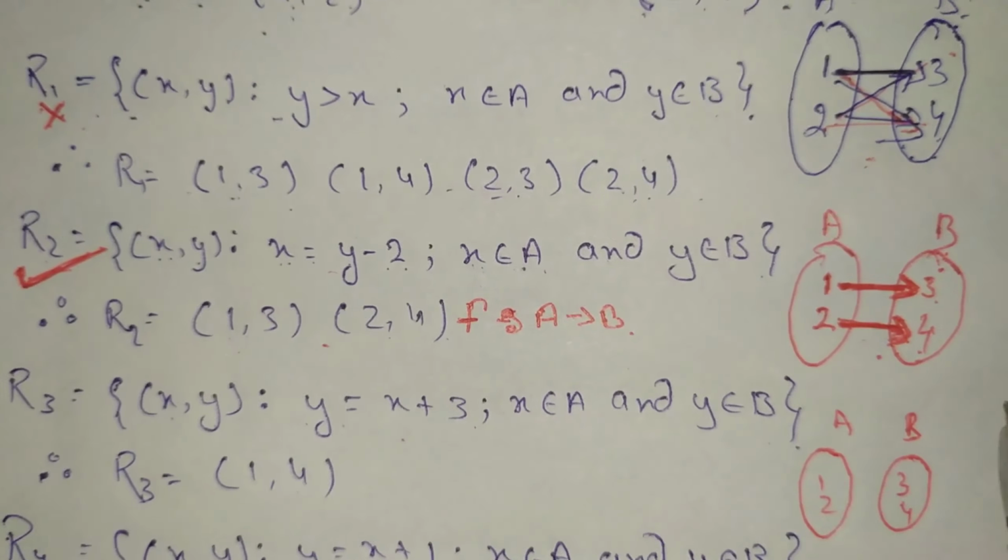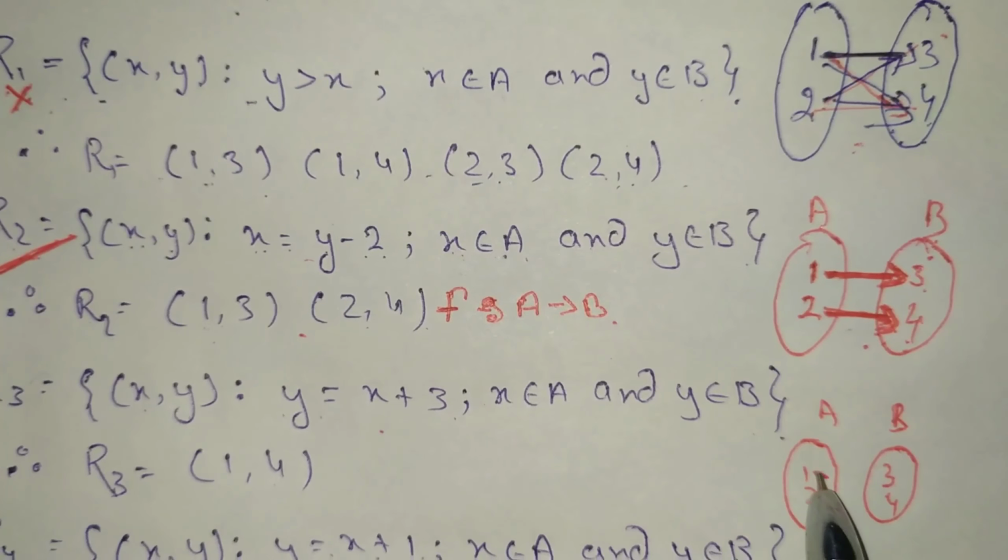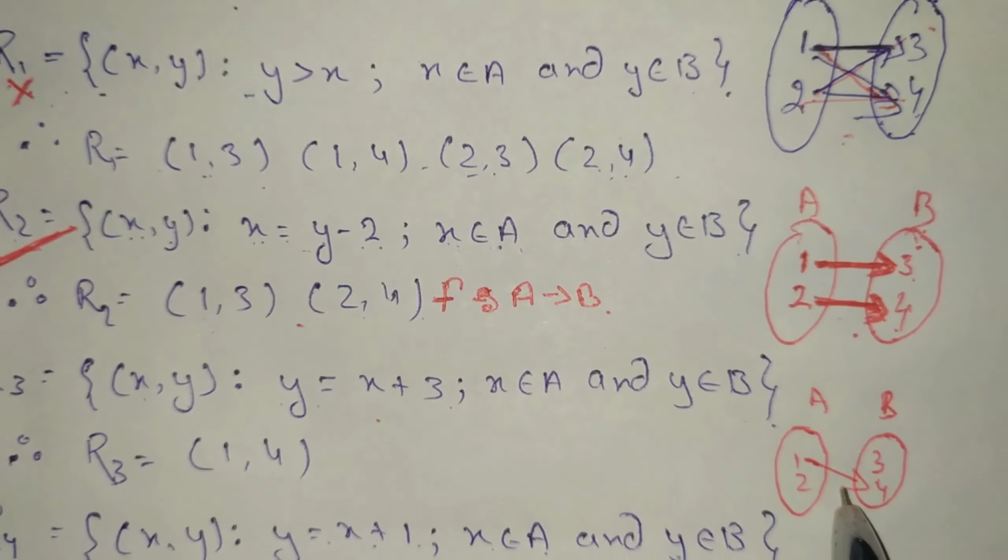Now let's see our third relation with the arrow diagram. Here we can see that 1 makes an image with 4.